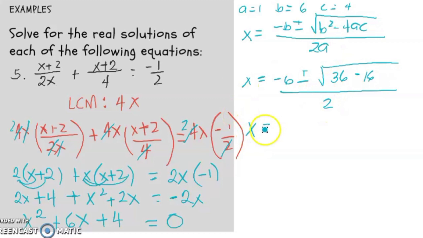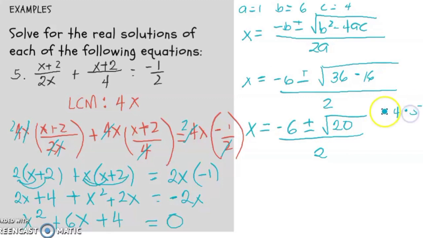So, x is equal to negative 6 plus or minus square root of 36 minus 16 is 20. All over 2. Si 20, are the factors of 20 na may perfect square? Diba we have 4 times 5, diba? So we can rewrite this as x is equal to negative 6 plus or minus 2 square root of 5 all over 2.